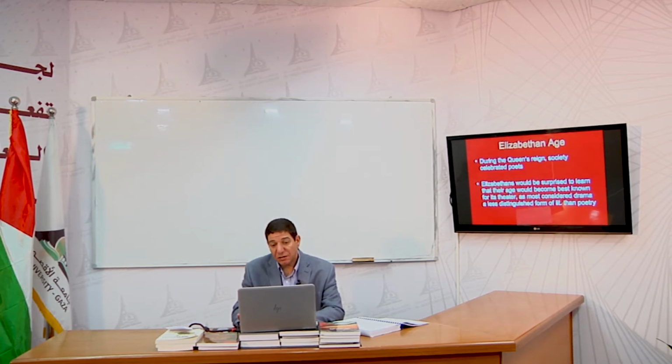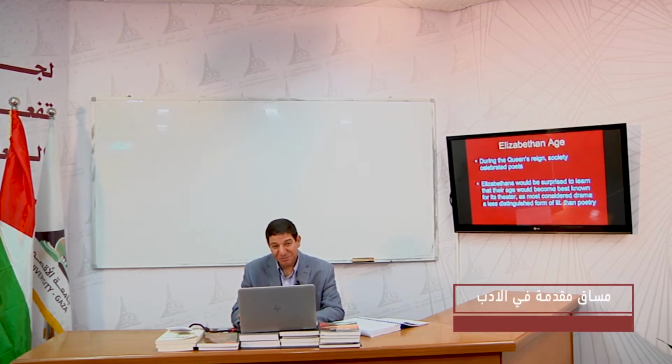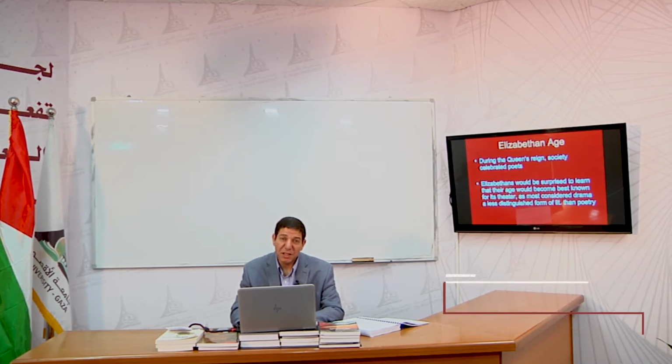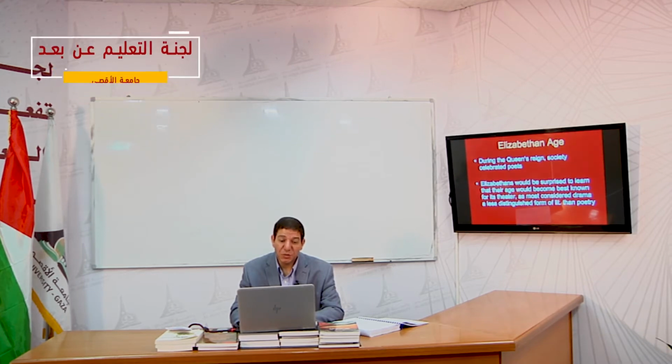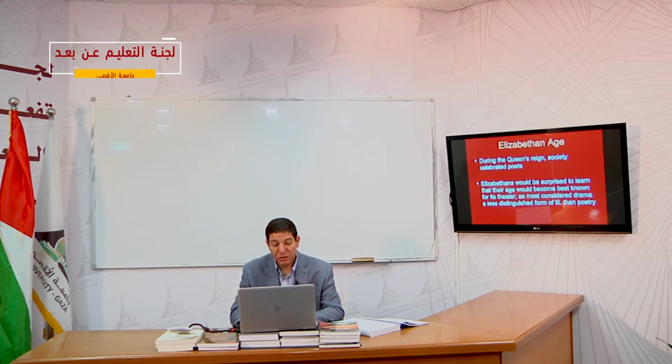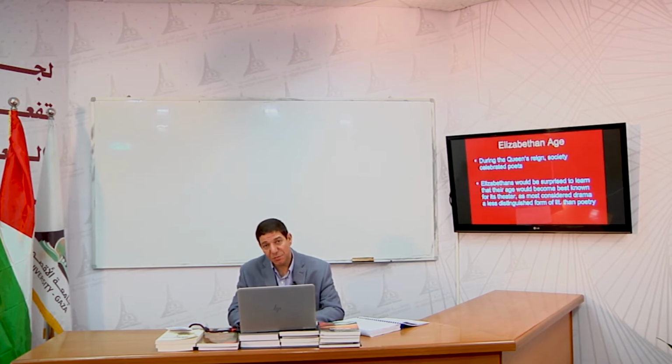During her reign, meaning rule, time, society celebrated poets, and here we come. Shakespeare was a poet. Remember, he wrote more than 140 sonnets, and these also have been translated into Arabic by different major Arab writers and poets, including Ibrahim Jabra, the famous Palestinian writer.